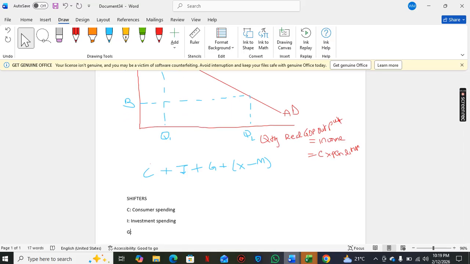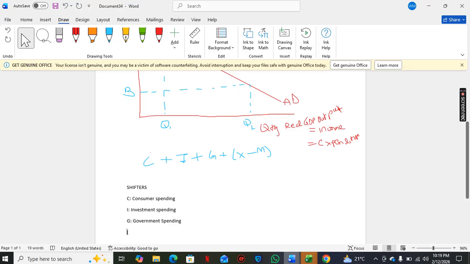Non-price determinants, yes. So you're saying C plus I plus, what's this other one? G. What does G stand for? Government spending. Okay, thank you.